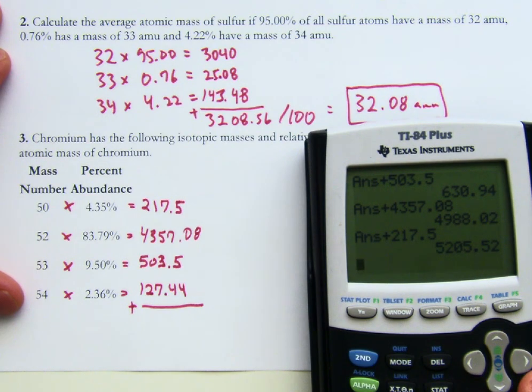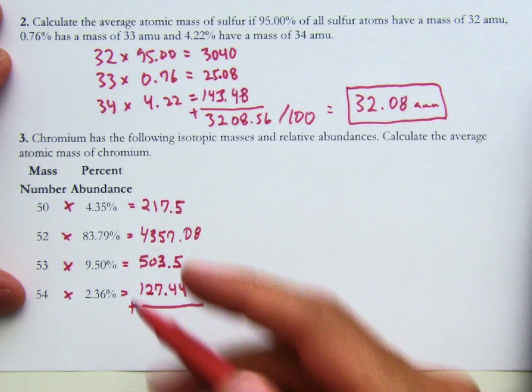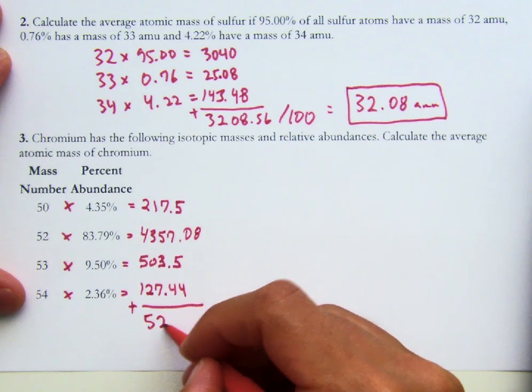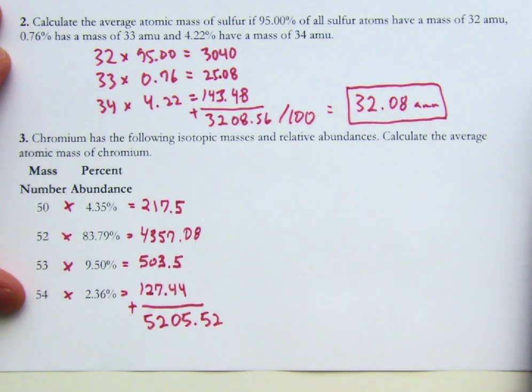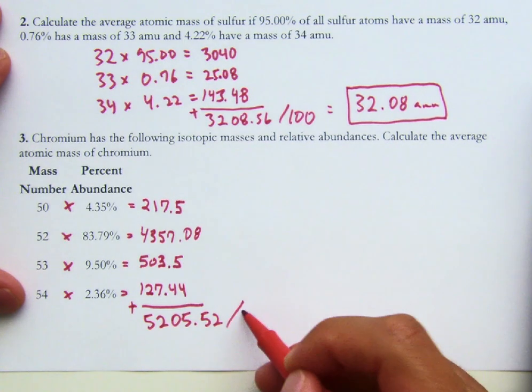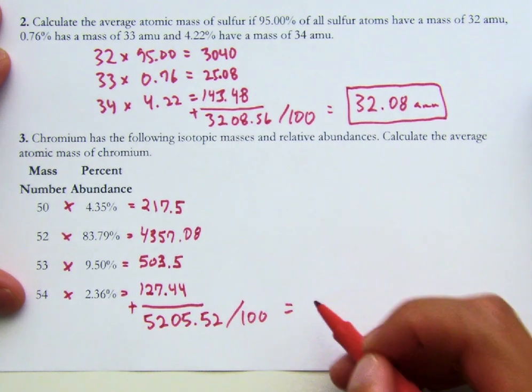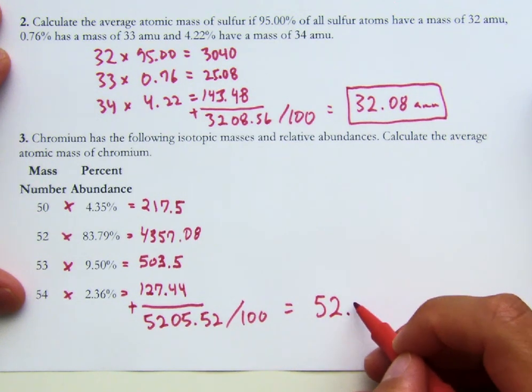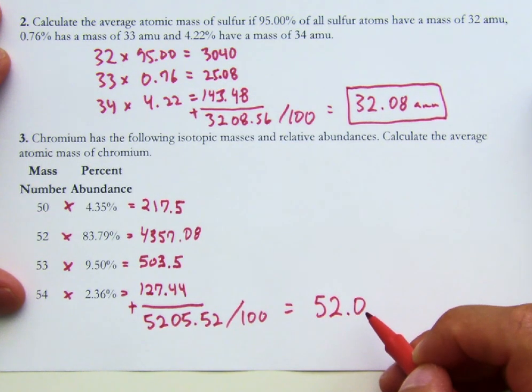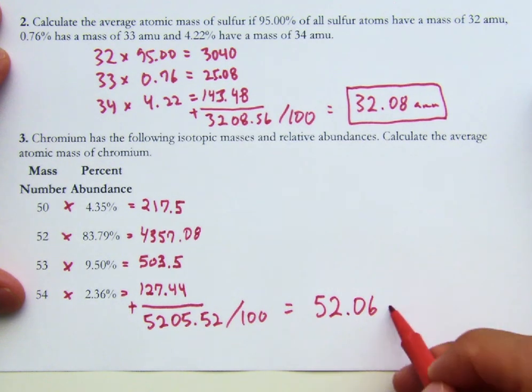Okay, and what the calculator gives is 5,205.52. You're going to take this divided by 100, and you get 52.06 AMU.